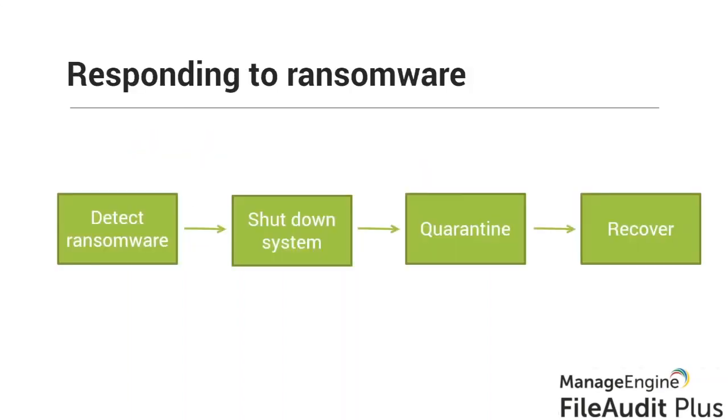So you need to be in a position to detect ransomware by tracking file folder accesses and file folder activity. And once you detect the ransomware, you want to shut down that system, quarantine the system, use your backup solution to recover the data, put the system back on the network, and you're good to go. This is what you need.